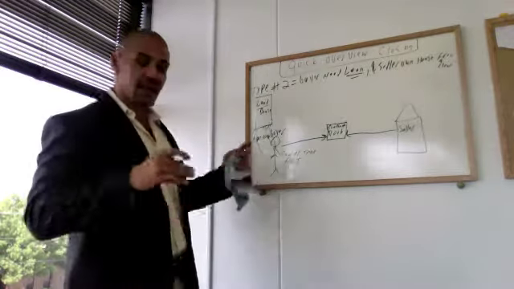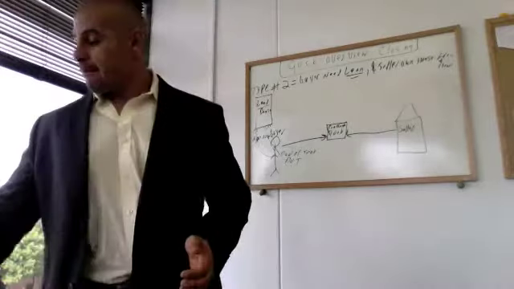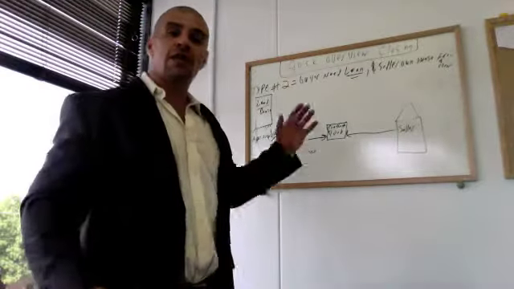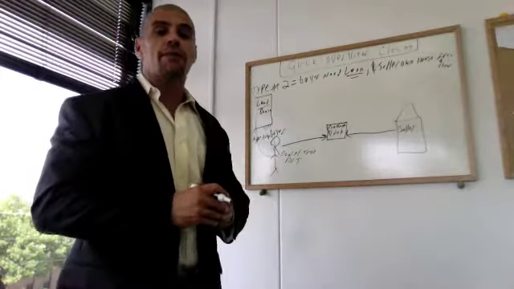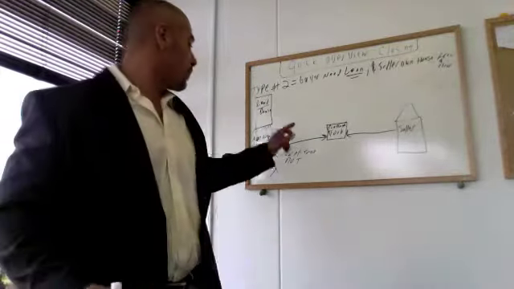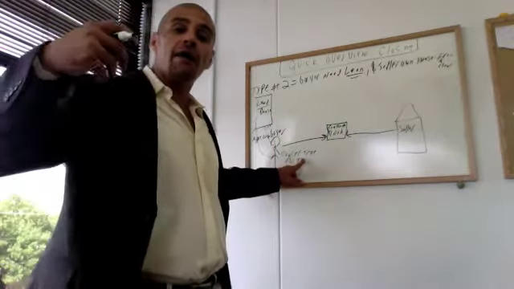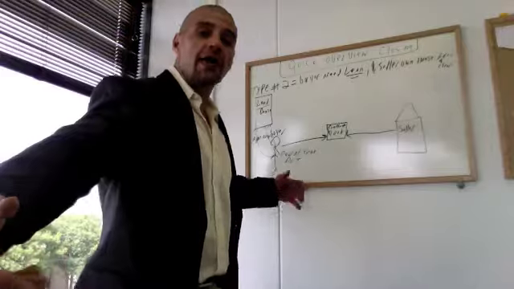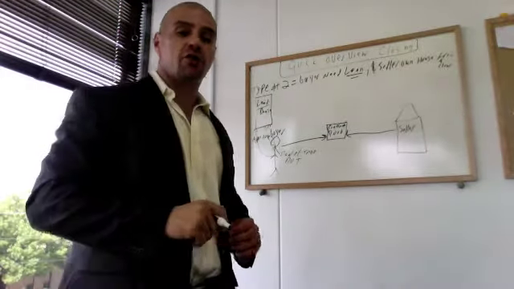A deed of trust is a security instrument that you pledge to the lender as collateral for them to lend you the money. If you default on the note, the lender is going to use the deed of trust to foreclose on you and get the property back to sell to get their initial investment money back.